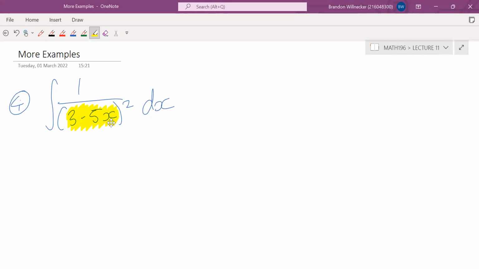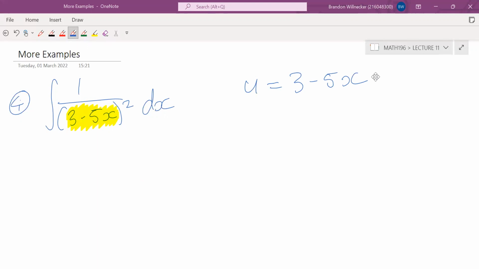We want to try to get rid of that or make it simpler. So we let u be equal to this complicated part that's making our life difficult. So that's going to be u is equal to 3 minus 5x. So again, that's how we go from x variables to u variables. But we also need to change the dx differential to become a du differential.